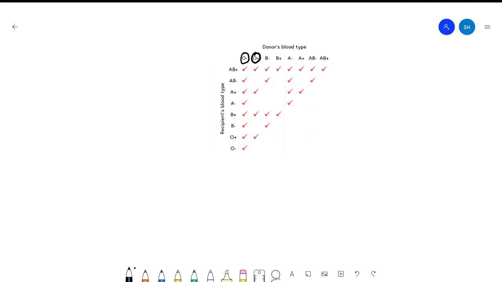B positive can donate to only AB positive and B positive. And A negative can donate to AB positive, AB negative, A positive, and A negative, while AB negative can only donate to AB positive and AB negative, and AB positive can only donate to AB positive. So, that was the blood type compatibility chart.